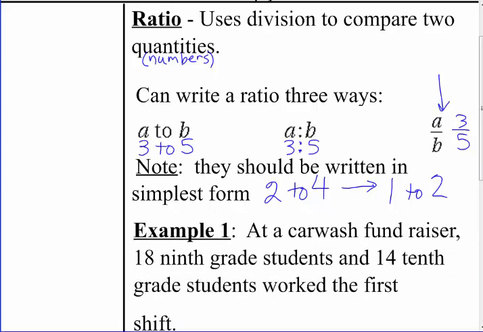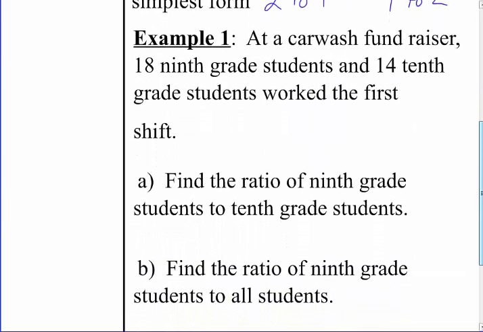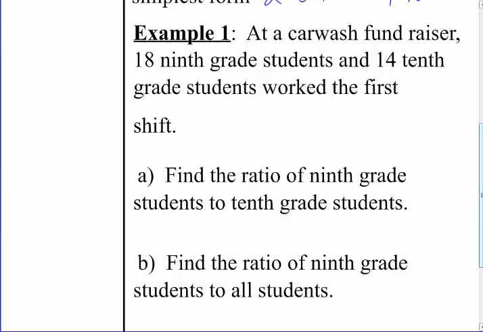And here's an example. So at a car wash fundraiser, 18 9th grade students and 14 10th grade students worked the first shift. So we want to find the ratio of 9th grade students to 10th grade students. Anytime you're using ratios and comparisons, it helps to use the words to get it set up.